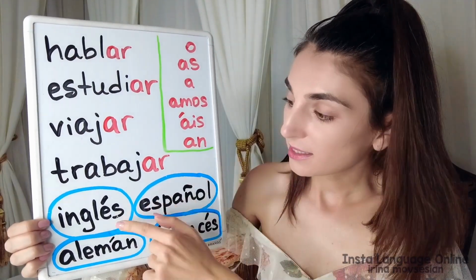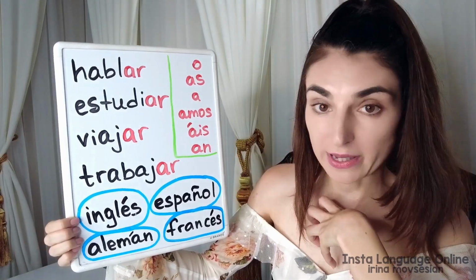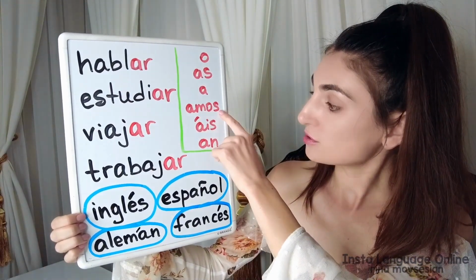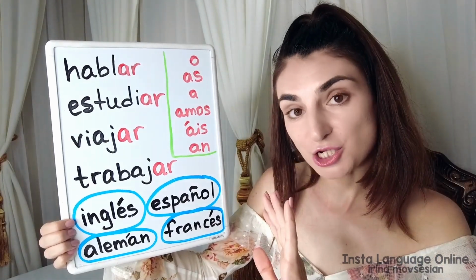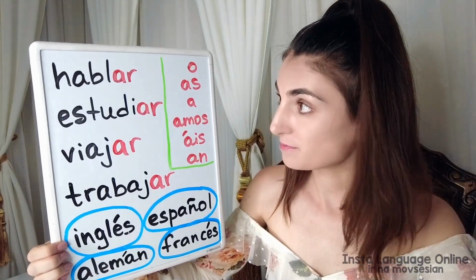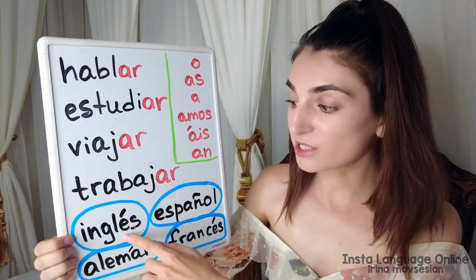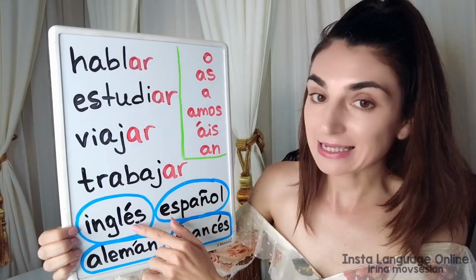Hablan inglés. We speak French. Hablamos francés. We don't speak French. No hablamos francés. They don't speak English. No hablan inglés.